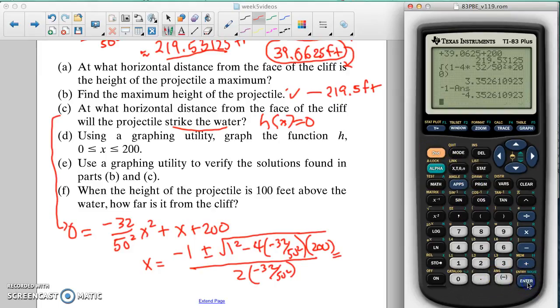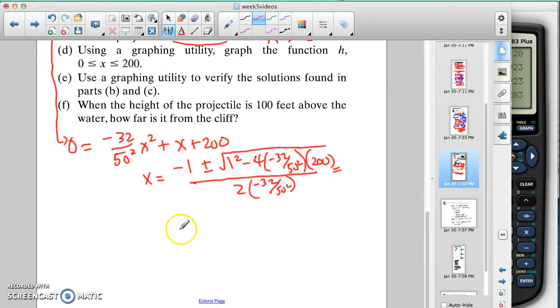We're going to get this answer, and then we're going to divide that by negative 32. I'm going to put this in parentheses because it is a fraction. We want to divide by the whole fraction, divided by 50 squared. Okay, so that's going to give me a value of 340. So approximately for x here, x is going to be approximately 340 feet. So it's going to hit the ground around 340 feet.